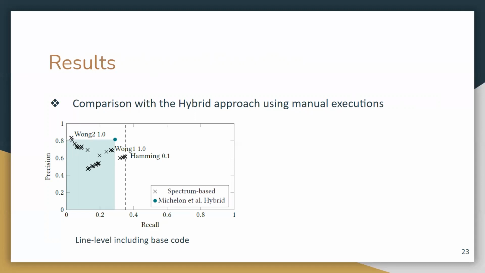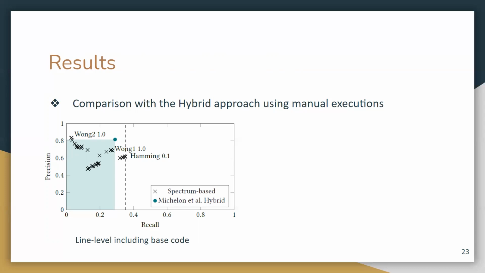Thus, line and method level metrics reported in Michelon et al. 2021 consider true positives not only the feature-specific lines and methods, but also the source code that is in common for all features, which they call the base of ArgoUML, the core of the system.